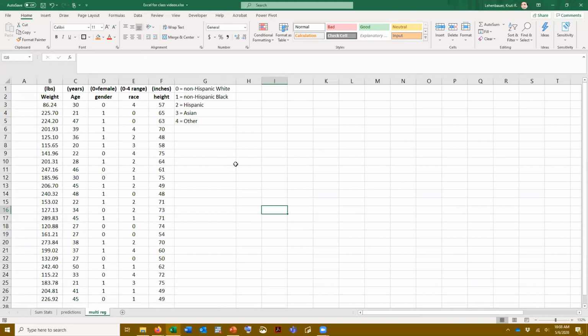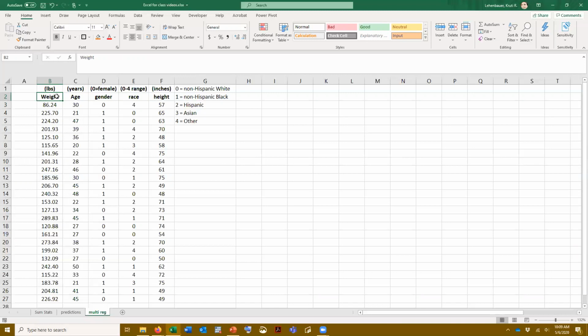I have set up the multiple regression with some more data. So in this case, we're interested in finding out how to predict the weight of an individual. So we're going to have the weight given to us in pounds. This is information on about 25 people that has been collected. Actually, it has not been collected.